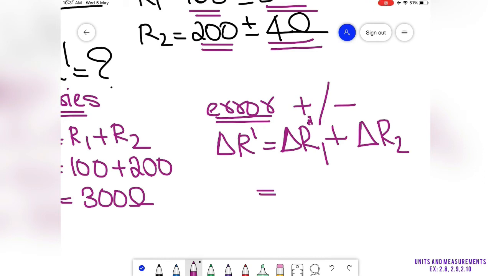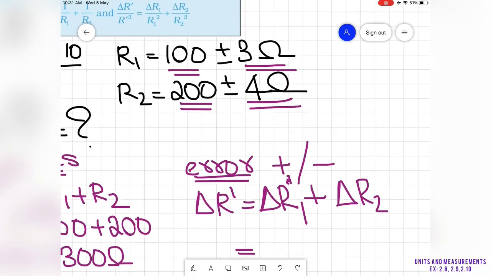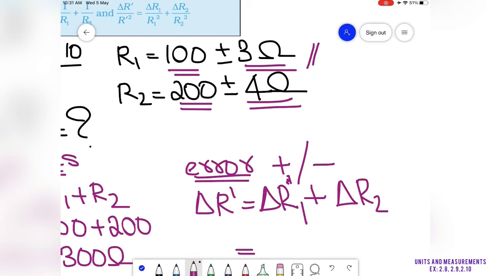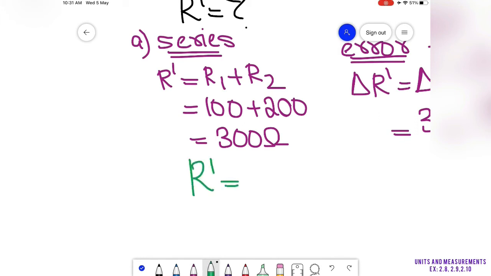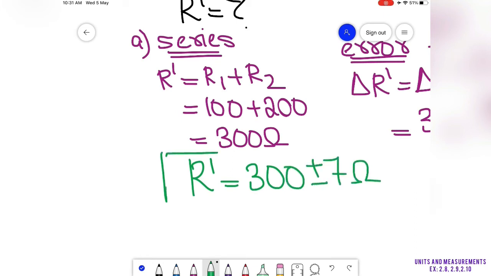The error of the second resistance is 4 ohms. Now you have to add them. Once you add them, you get 7 ohms. So then our final answer is the resistance value 300 plus or minus 7 ohms. That is our final answer in the case of series connection.